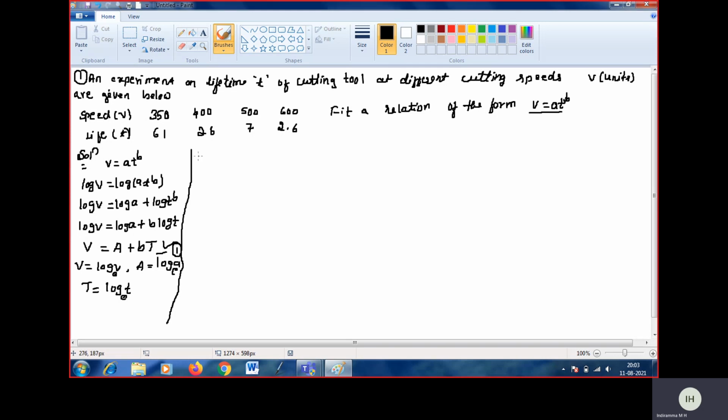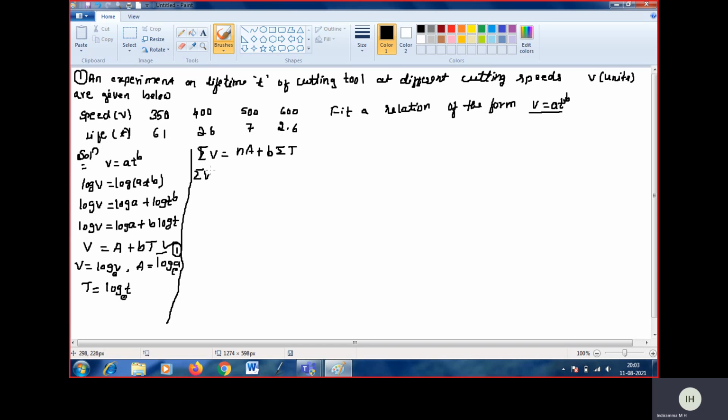So now taking summation on both sides. Summation of V is equal to summation of A. Summation of A is n times A plus summation of BT. B is constant, keep it out, into summation of T. So next, to write down the second normal equation, multiply the equation 1 by the independent variable T, then take the summation.